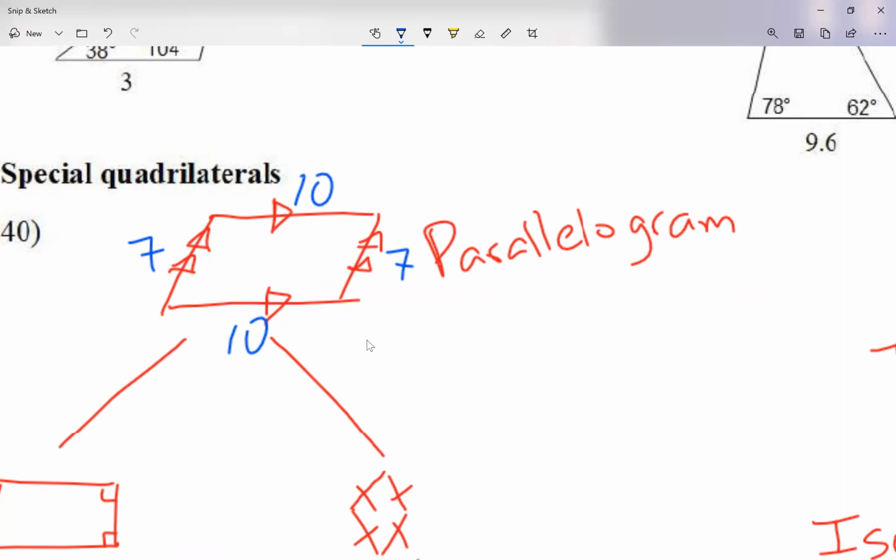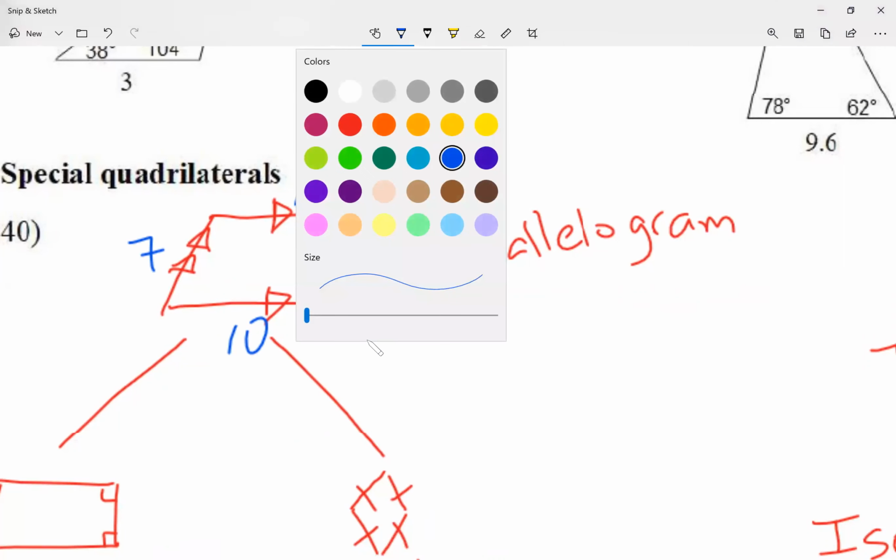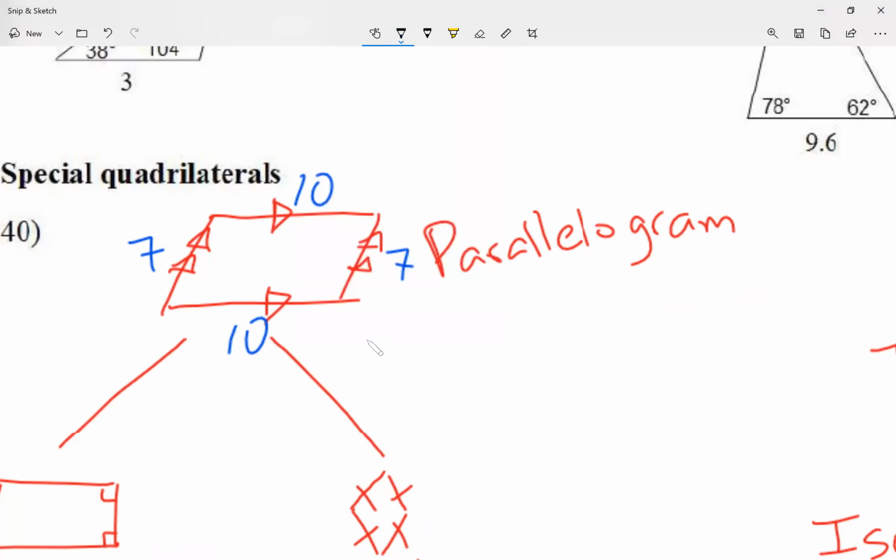Another interesting part on the parallelogram when it comes to angles is that the two angles on the left, let's say this is 100 and this is 80, those two angles are going to repeat on the other side.